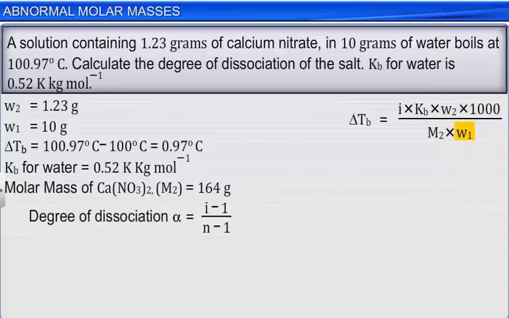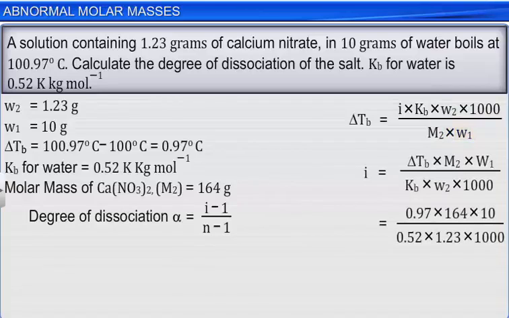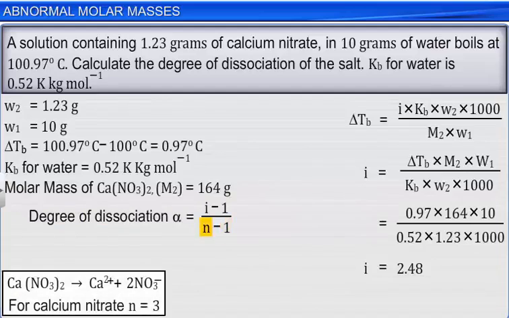On solving for i, we get Van 't Hoff's factor, i, is equal to 2.48. Substituting for i in the equation, degree of dissociation alpha is equal to (i minus 1) divided by (n minus 1). Now, n for calcium nitrate is 3. On solving, we get the degree of dissociation alpha is equal to 0.74.